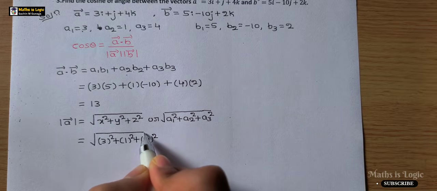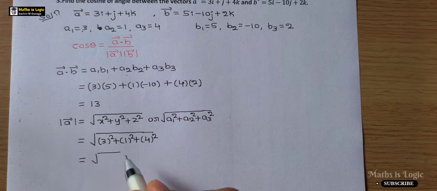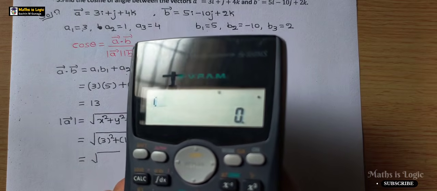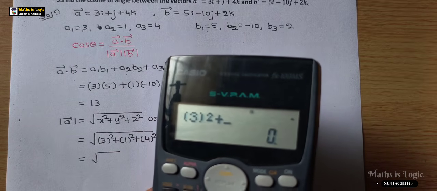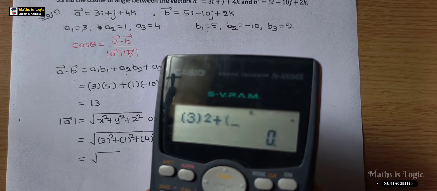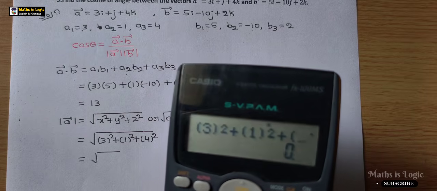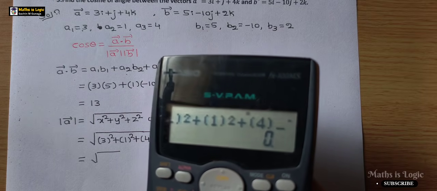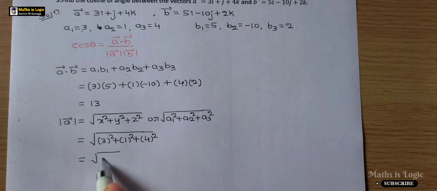Keep the square root as it is, substitute the value in the calculator. First 3 square plus 1 square plus again in bracket 4 square, so answer is 26.